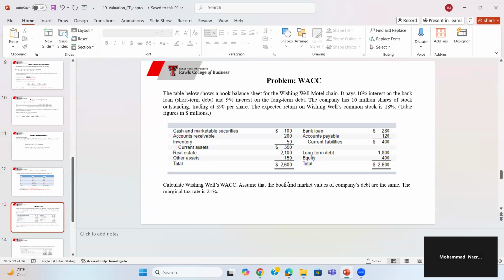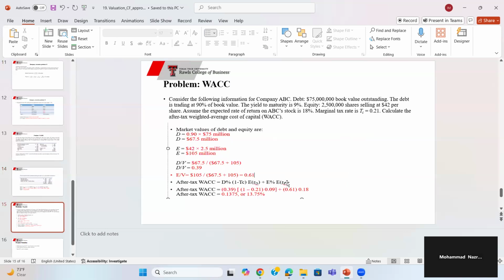We can see how to calculate the weighted average cost of capital here. Consider the following information for company ABC. Debt is 75 million book value outstanding, and the debt is trading at 90% of book value. So we multiply and get our actual debt market value of 67.5 million.